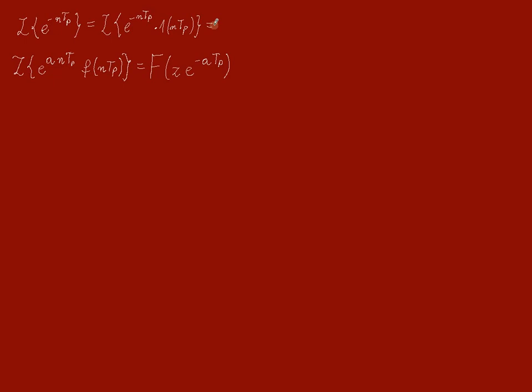The unit step transform is... for each z, we need to substitute z times e to the appropriate power. E was to the power of minus ntp, and now we need to change the sign and omit n.